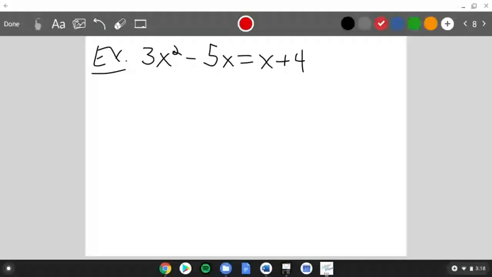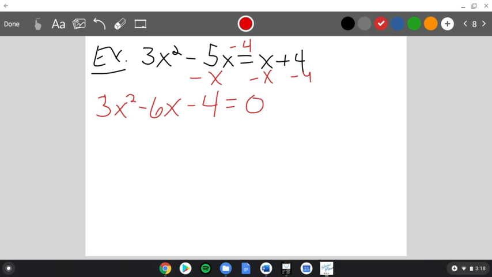This one is also not in the right form. We need to move the x over, and it will join up with this negative 5x. And we also need to subtract the 4. So our equation should be 3x squared minus 6x minus 4. Filling into the formula, there's already a negative in front of the b.